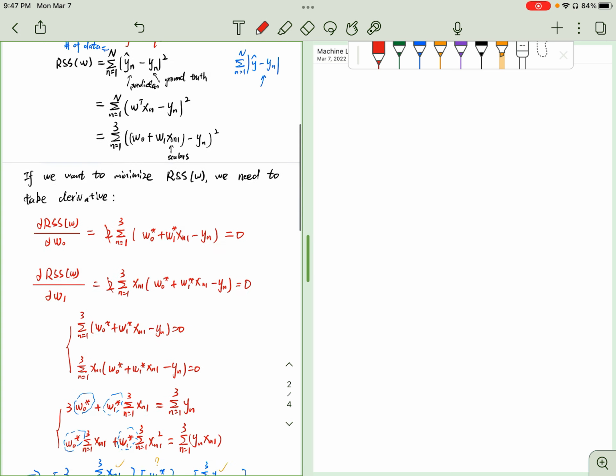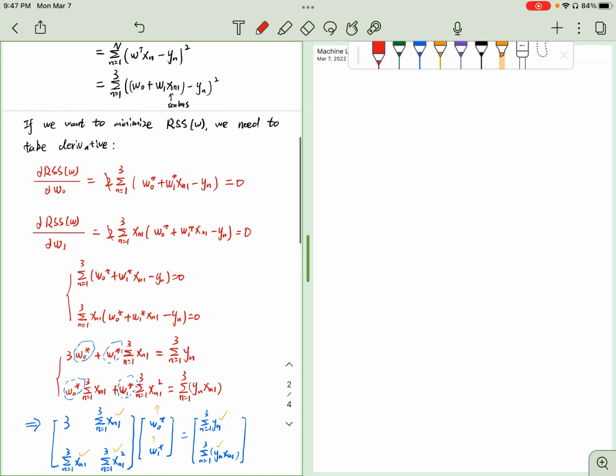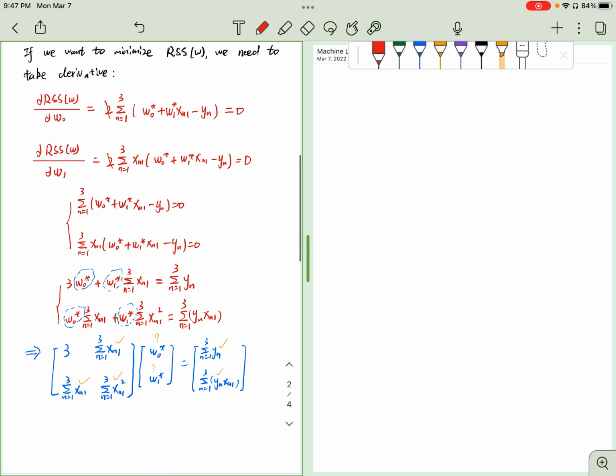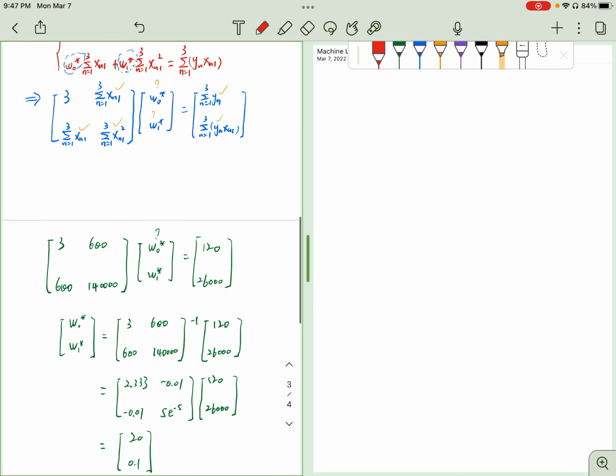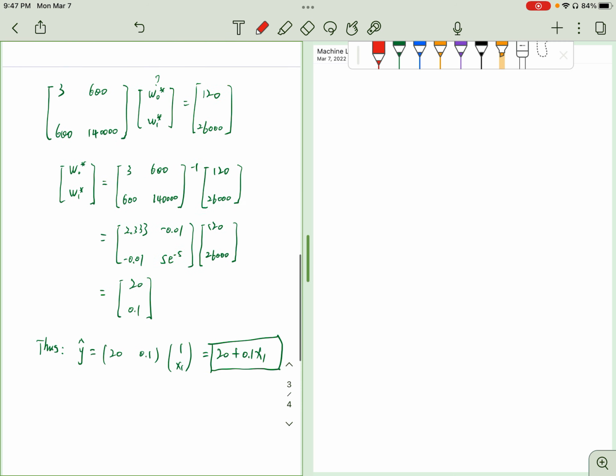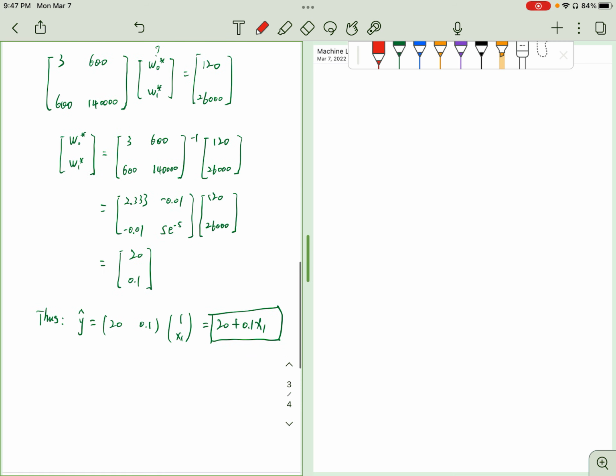Then we can get the optimal weights, omega 0 and omega 1. By going through this calculation, eventually we find our optimal weights as this vector.